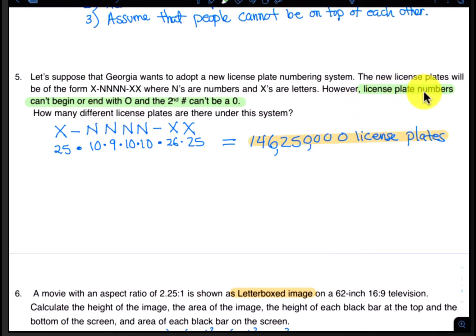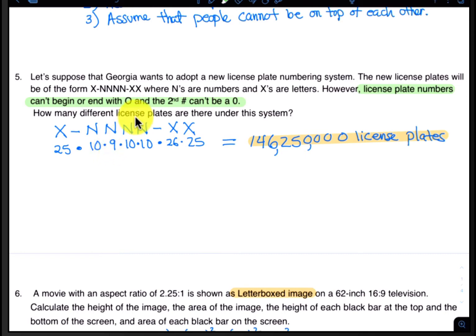It says here the license plate numbers cannot begin or end with the letter O. So that means that this first letter here cannot be the letter O. So that takes away one possibility, which means we now only have 25 letters to choose from. And it says it cannot end with the letter O either. So that means this last letter has only 25 possibilities.